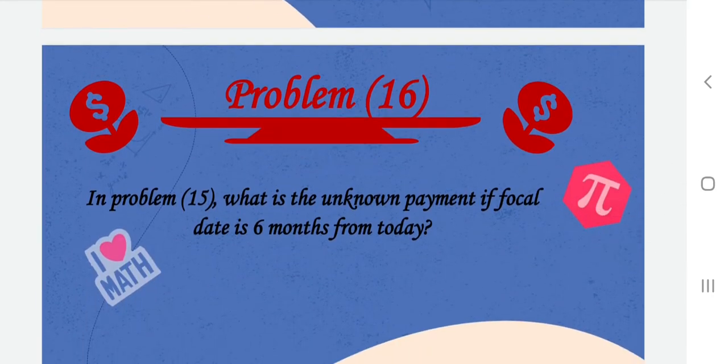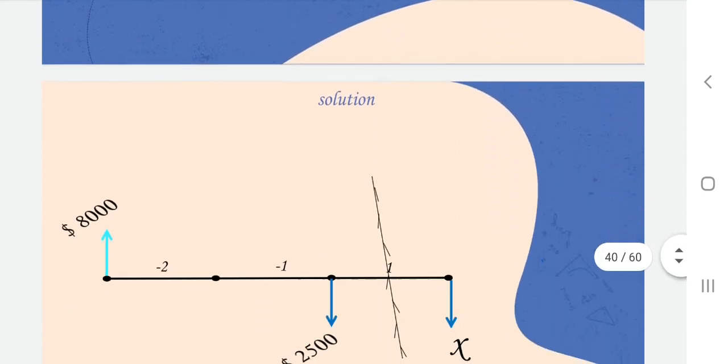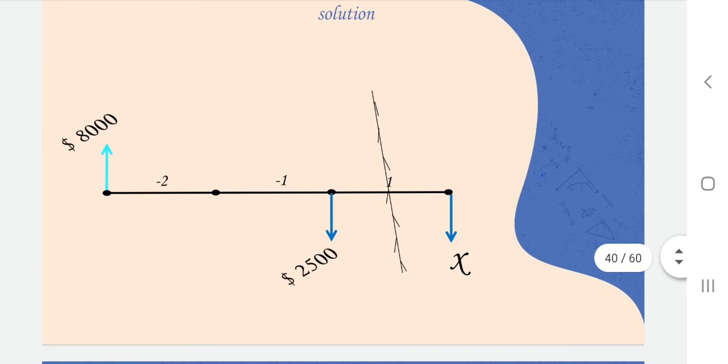Problem 16. In problem 15, what is the unknown payment if the focal date is 6 months from today? We can draw the timeline according to this slide.